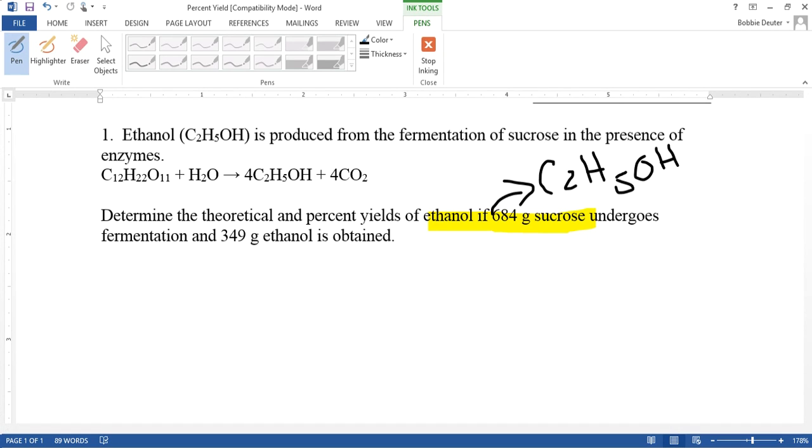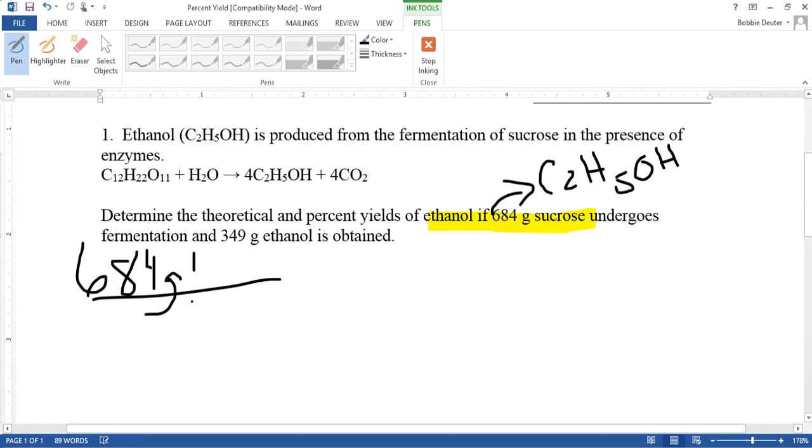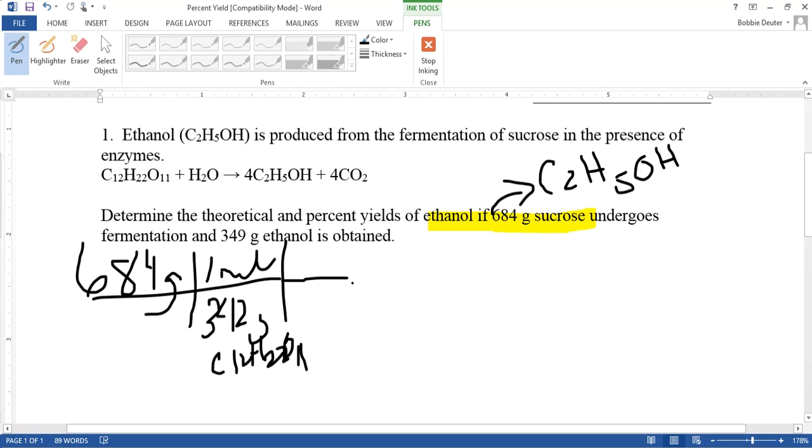So we are going to go from a mass to mass conversion at this point. We start with 648 grams of sucrose. We find the molar mass of sucrose, which is 342 grams of C12H22O11. Forgive me if I don't write all those. My handwriting is horrible enough.